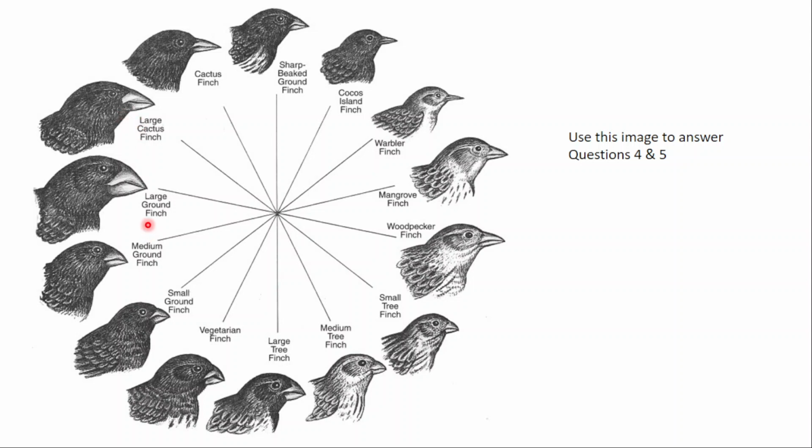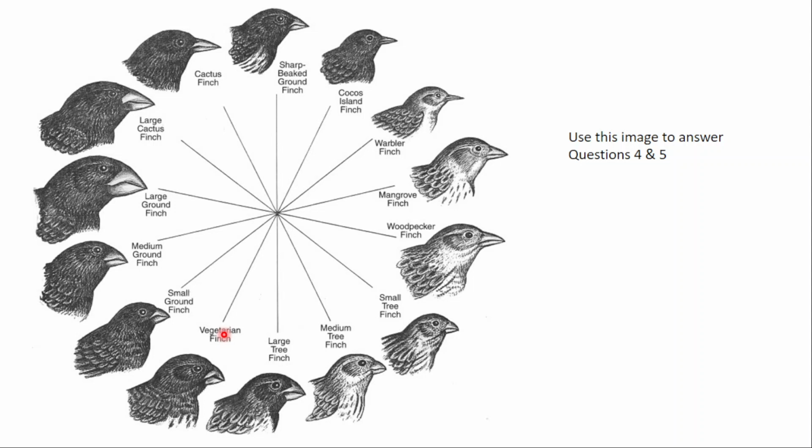And CaM levels between vegetarian finch and cactus finch. So this is cactus, this is vegetarian. If you look at the beak shape and size and the feeding habits, you may be able to answer. Also, you have to connect the role of BMP and CaM expression.